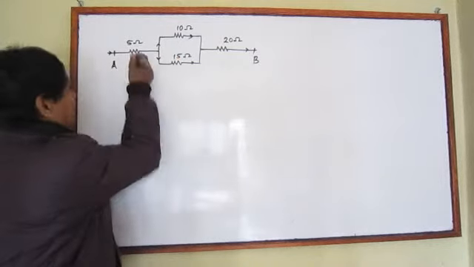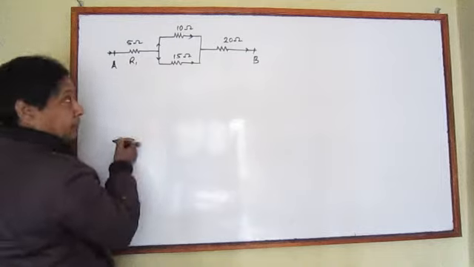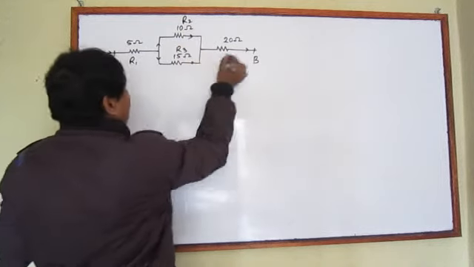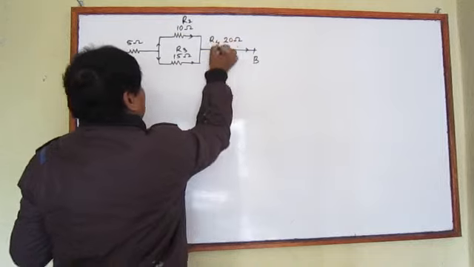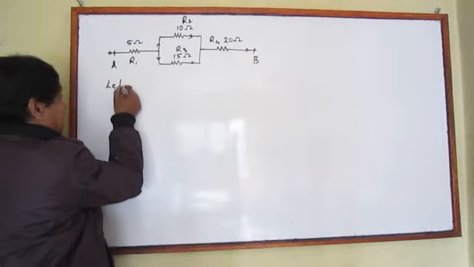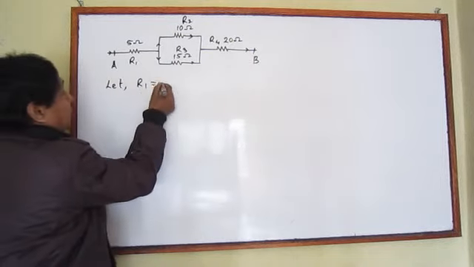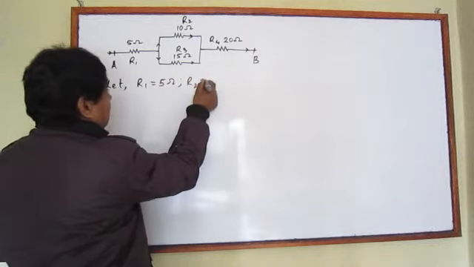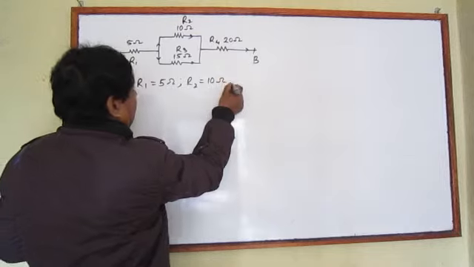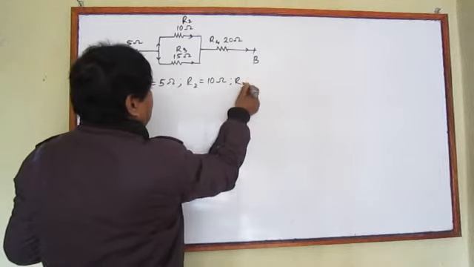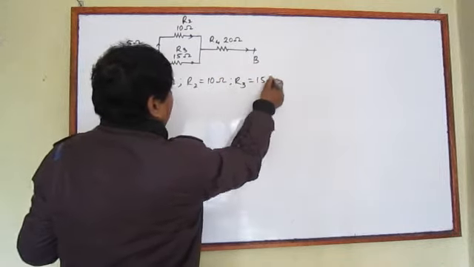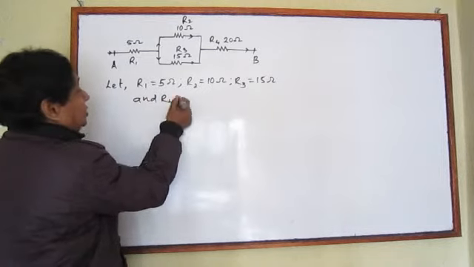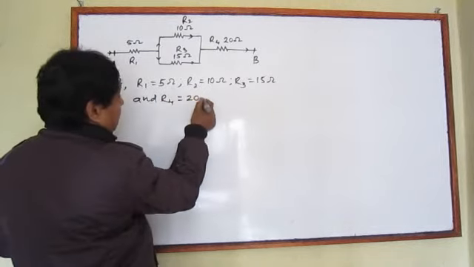Let's name them first. Let's say this is R1, this is R2, this is R3, and this is R4. We can say let R1 equal 5 ohm, R2 equal 10 ohm, R3 equal 15 ohm, and R4 equal 20 ohm.